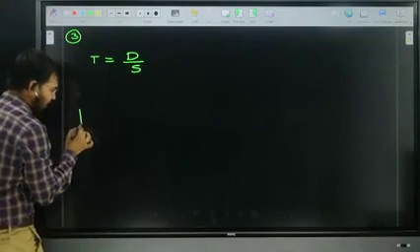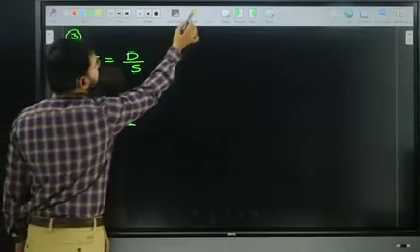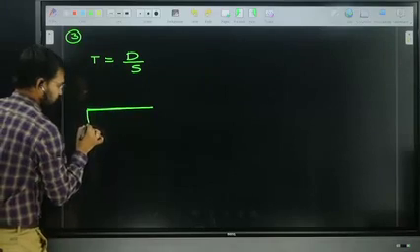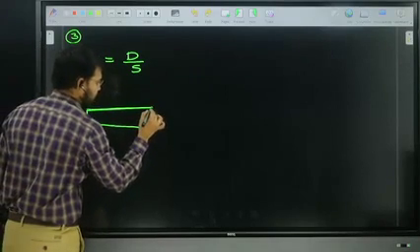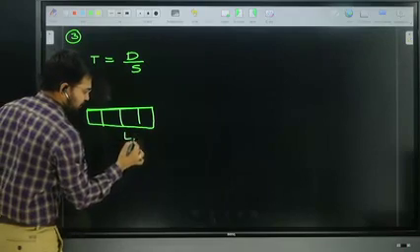Here, one train is crossing another moving train. This is one train, the length of the first train.